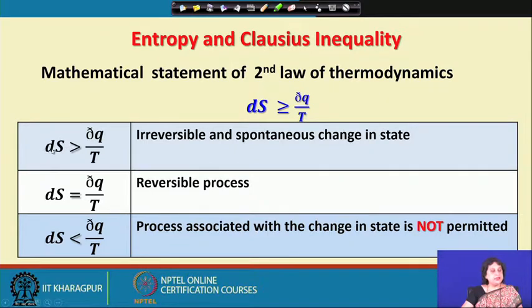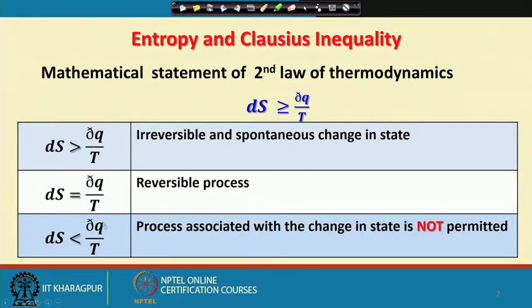It says that when dS is greater than this ratio, then we are essentially looking at an irreversible and spontaneous change in state as the system goes from an entropy value of S to S plus dS. If the process associated with this change in state is not permitted, which means it is not spontaneous, it must be associated with the relationship that dS is less than this ratio.